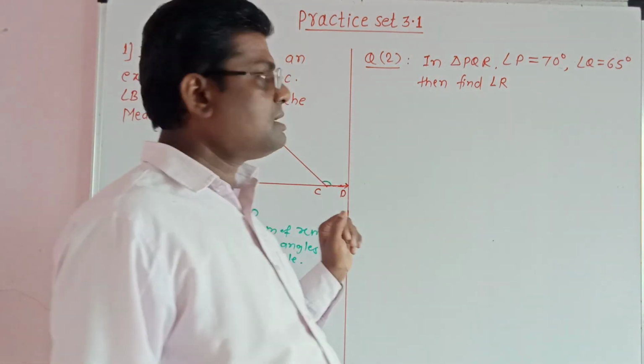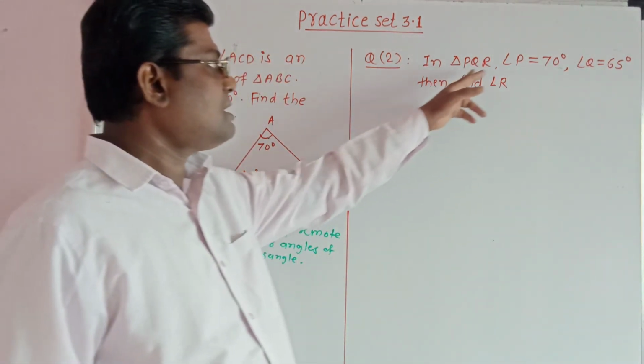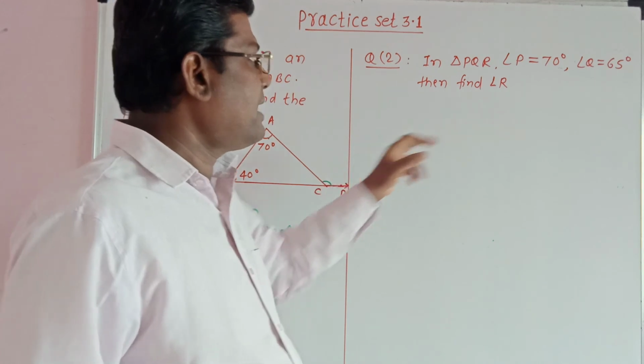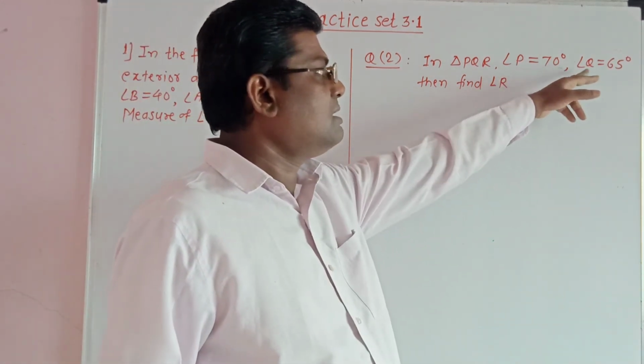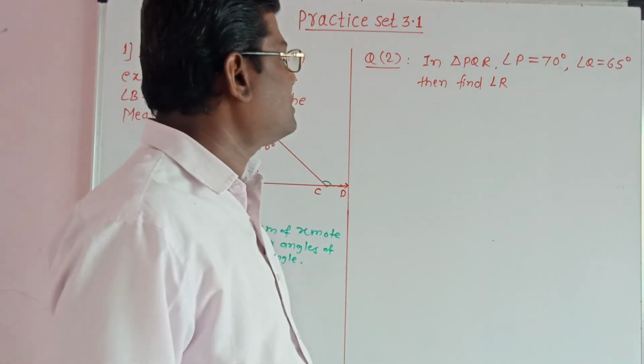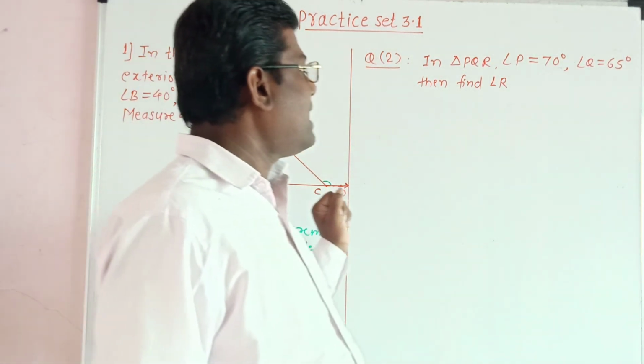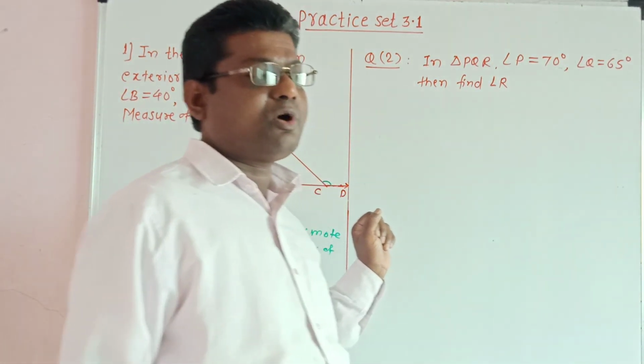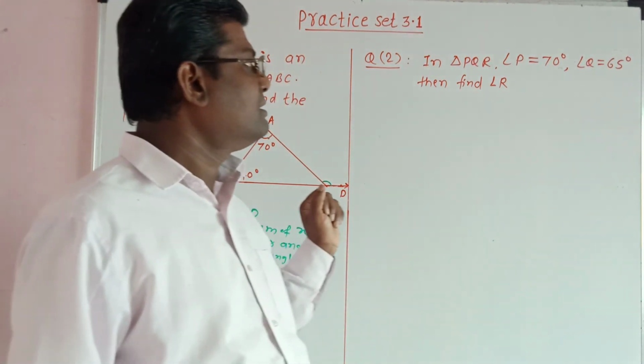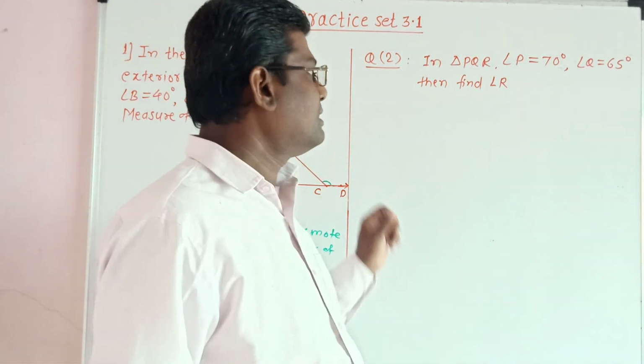Now, question number 2. In triangle PQR, angle P is equal to 70 degrees, angle Q is equal to 65 degrees. Then find angle R. We know that the sum of measures of all angles of a triangle is 180 degrees.